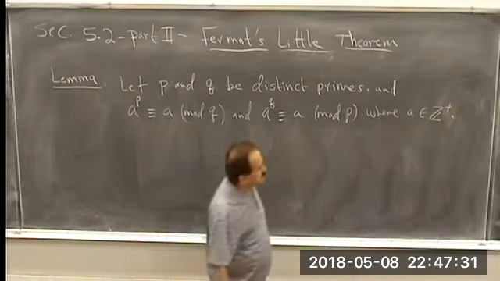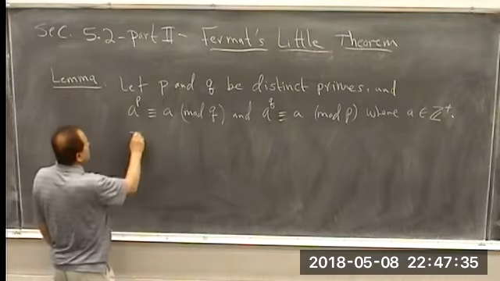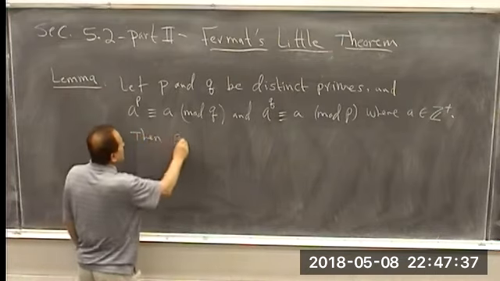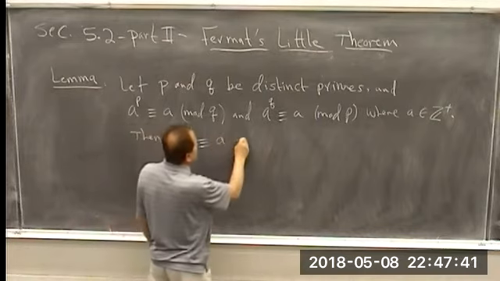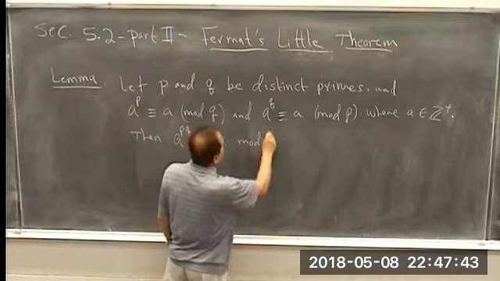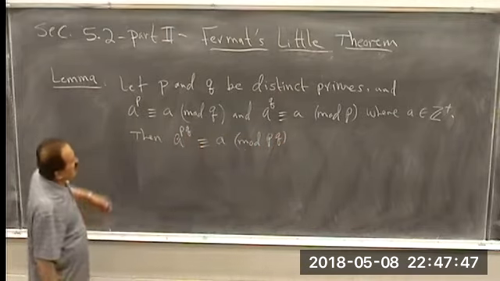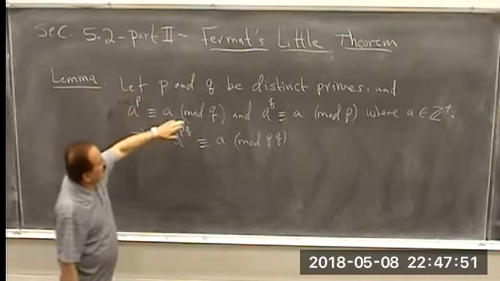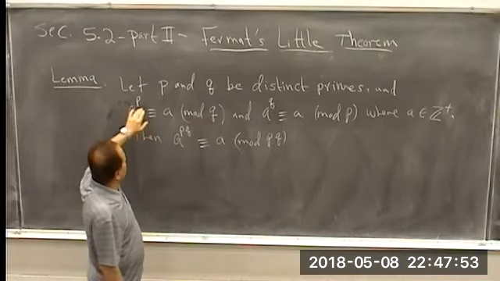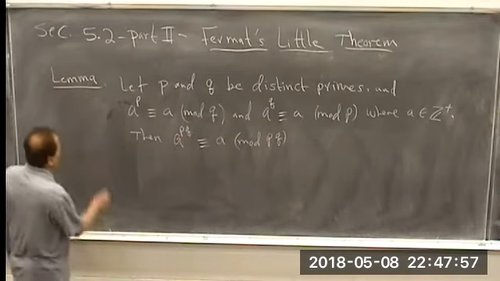All right? Then the conclusion is a^(pq) is congruent to a mod pq. Now remember that the powers on the a and the modulus are opposite to each other. This is p, this is q, in other words. Okay, let's look at the proof here.